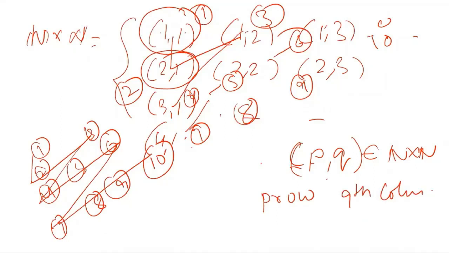Now you can observe here, first there is one element, then there are two elements. So first you have to find, for (P, Q), which diagonal it would be in.